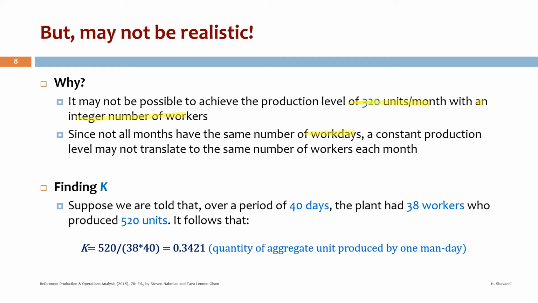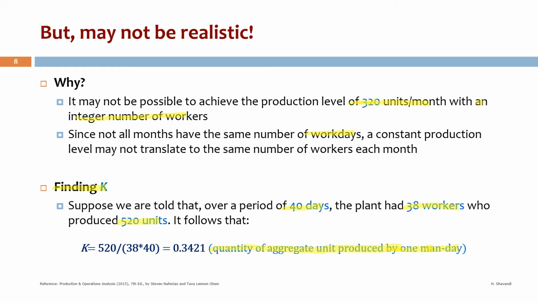To resolve this issue, we define a new parameter called K, which is the quantity of aggregate units produced by one man day. For example, let's say in our historical data, we have a period of 40 days, and the plant had 38 workers during those 40 working days, and the plant produced 520 units.